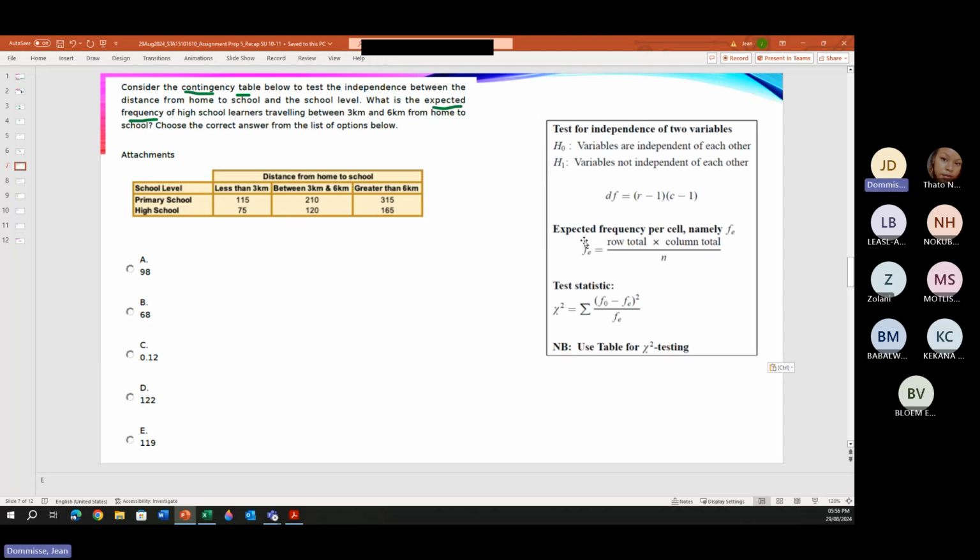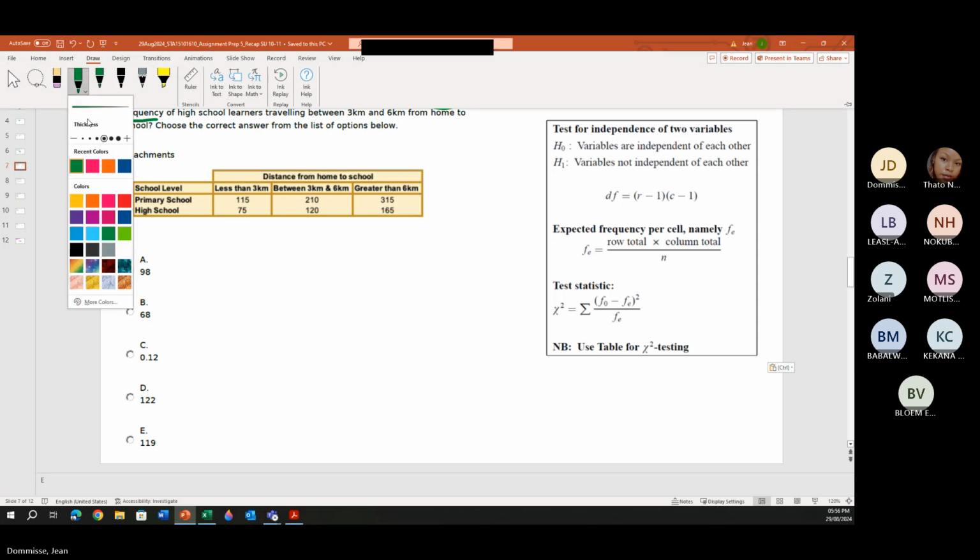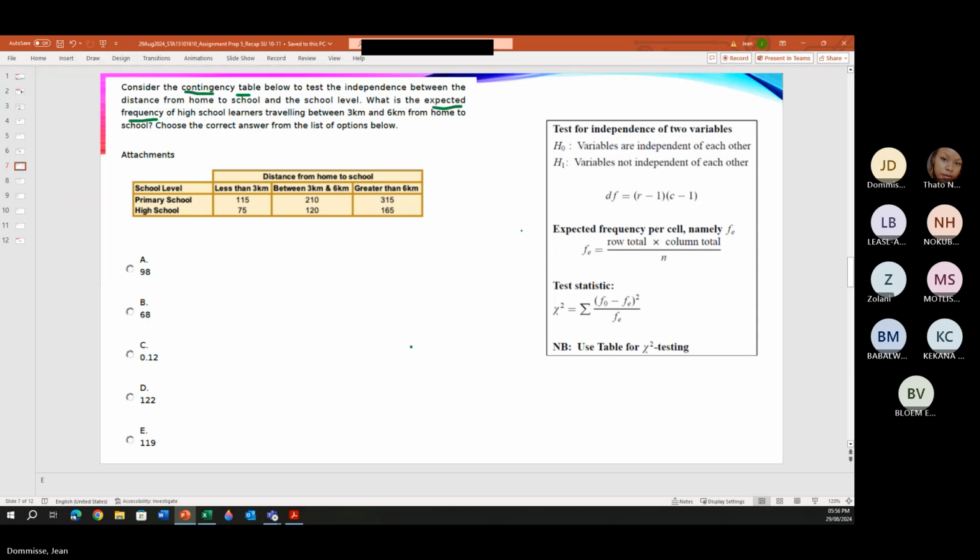So what is the expected frequency? So we can work out that one. Of high school learners traveling between 3 and 6 kilometers from home. 3 to 6. Okay, so we need to find out or work out what is that expected frequency.